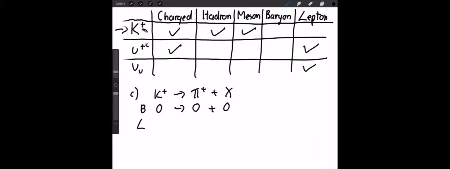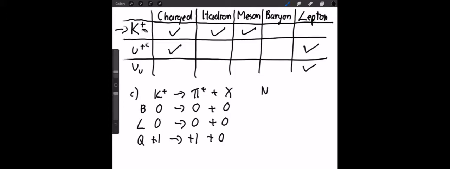The lepton number is the meson, so it has a lepton number of 0. The pion has a lepton number of 0, so X must also have a lepton number of 0. And then the charge is a +1, and the pion has a +1, so in order to conserve charge, particle X must have 0.